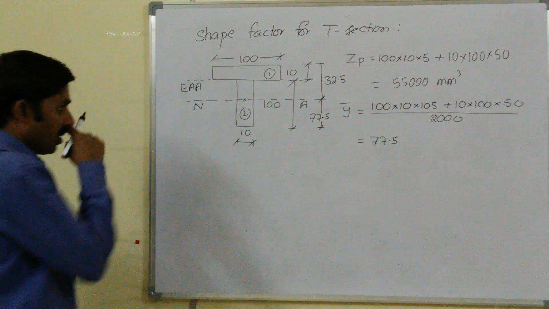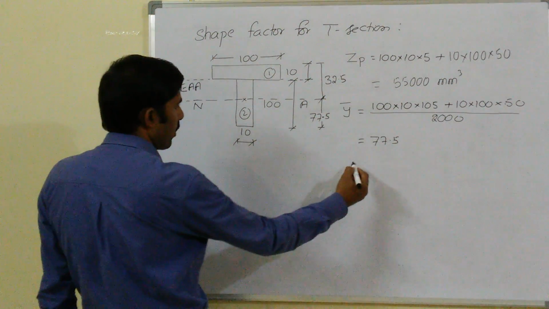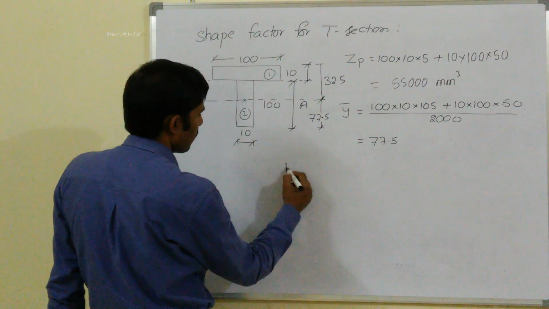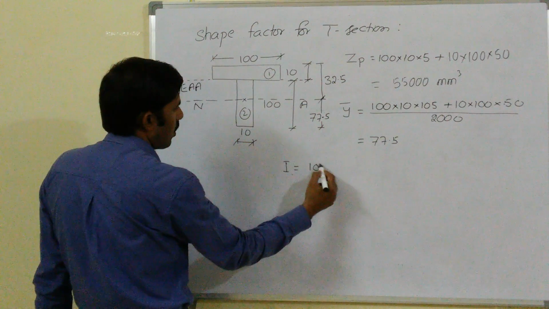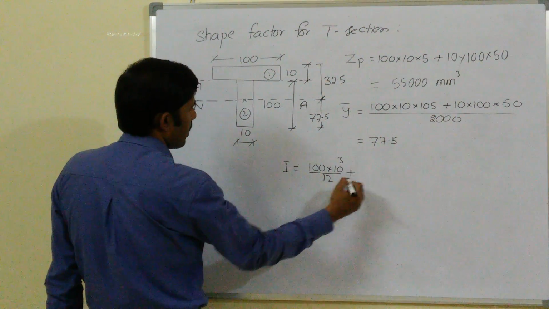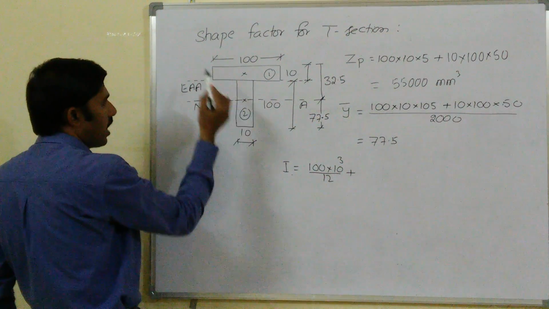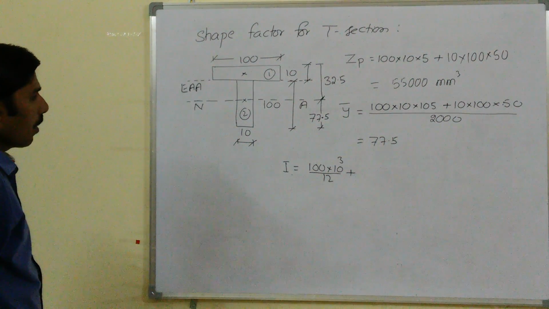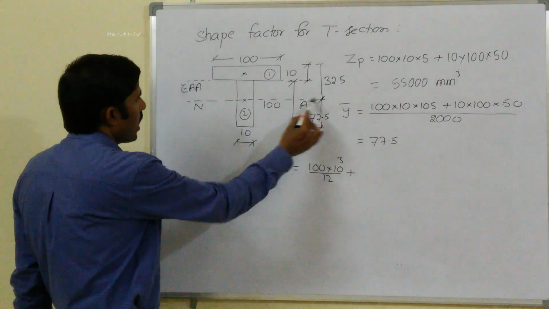Okay. So now, to get ZE, we need to find moment of inertia I. I equal to first rectangle moment of inertia is 100 into 10 cube by 12 plus, to shift that neutral axis from here to here, I mean the self moment of inertia is 100 into 10 cube by 12, but we need to find moment of inertia about this neutral axis.